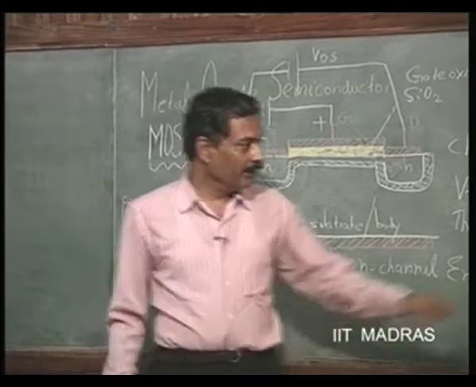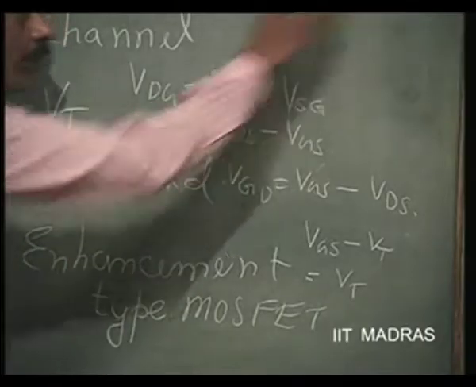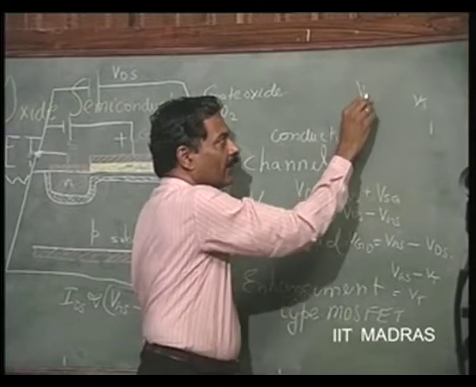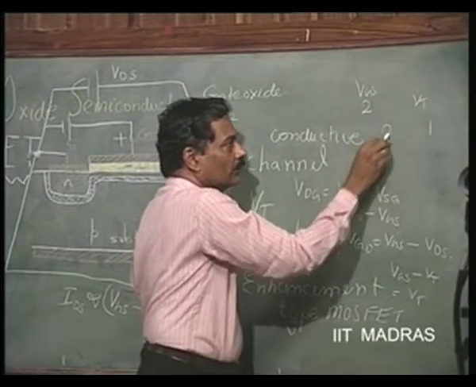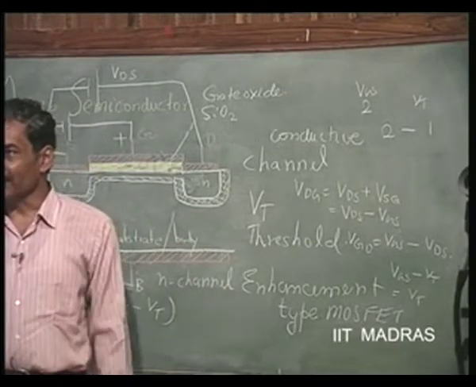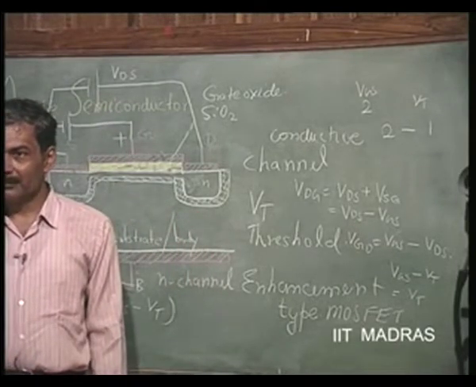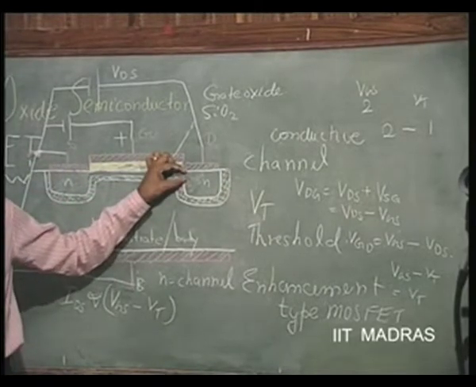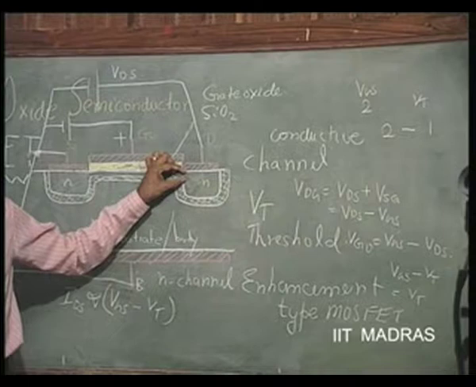So, if I have widened it by an amount equal to 1 volt, right. So, let us say VT equal to 1 volt, VGS I have applied was 2 volts. So, I have now a channel width corresponding to 2 minus 1 throughout when VDS was equal to 0. When will the channel get closed?